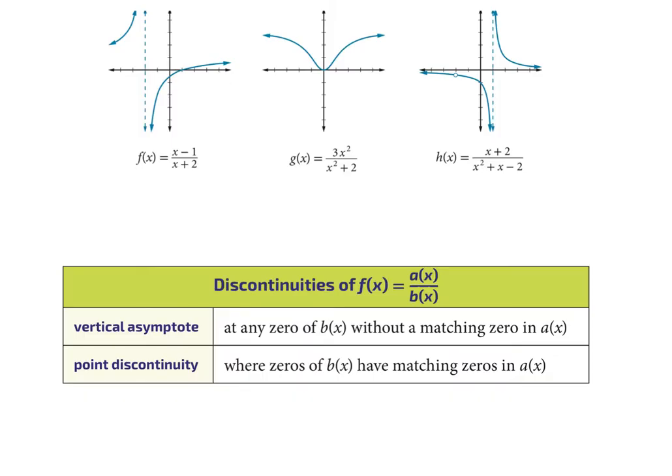So for this first one that they've given us here, we have x minus 1 over x plus 2. If I were to look at this, I would say, well, this one's not squared per se, but it does look similar to what's going on in the 1 over x problem, right?